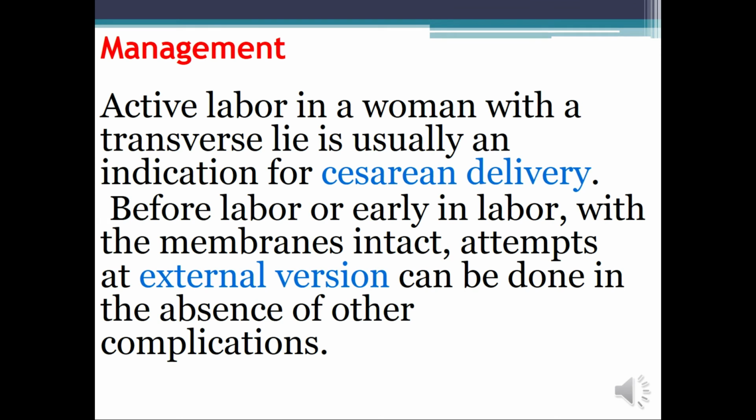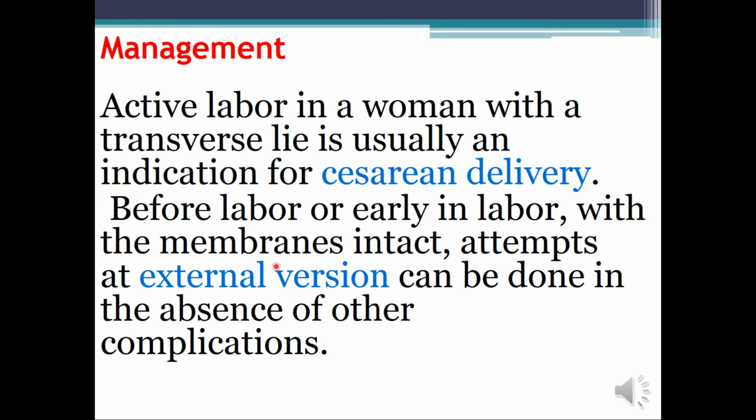Management. Active labor in a woman with a transverse lie is usually an indication for cesarean delivery. Before labor or early in labor, with the membranes intact, an attempt at external version can be done in the absence of other complications. Thus, if the patient presents in active labor and the membranes are intact, we can do external version of the fetus if there is no contraindication, and change the position of the baby from transverse to cephalic.